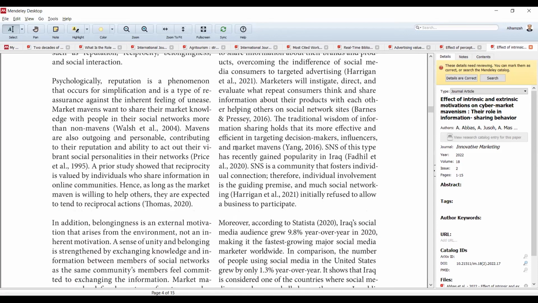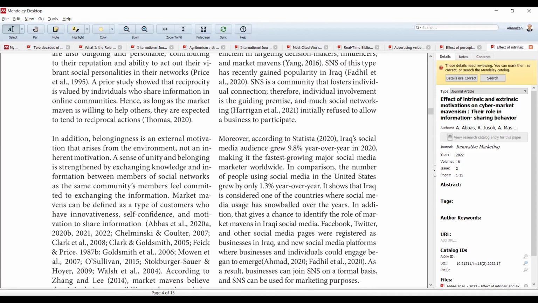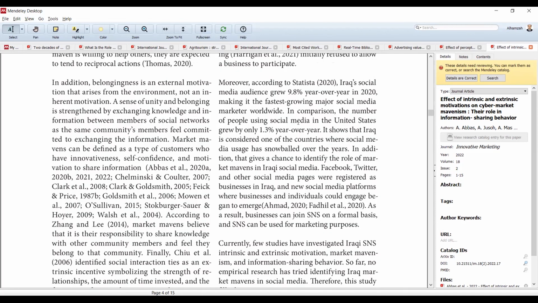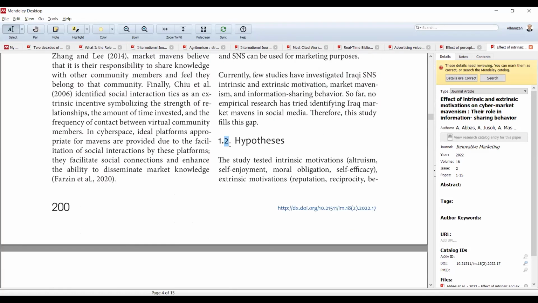So I talk about social network sites in Iraq, how they have been used and how many Iraqi users there are. You can see this is Statista 2020, statistics on the use of social networks in Iraq. I made it only 1 page. Then after that, I move to the hypothesis here.